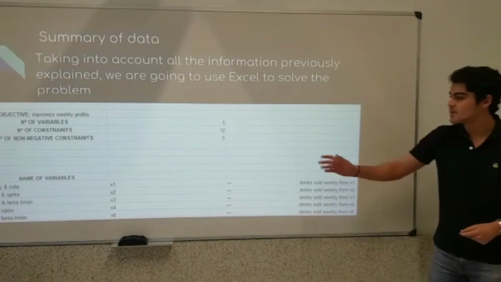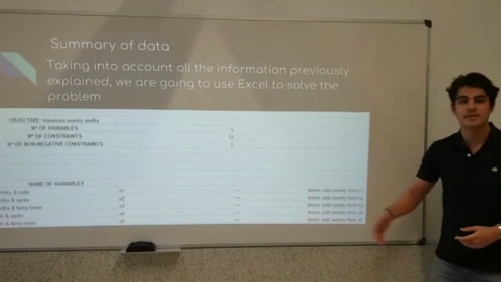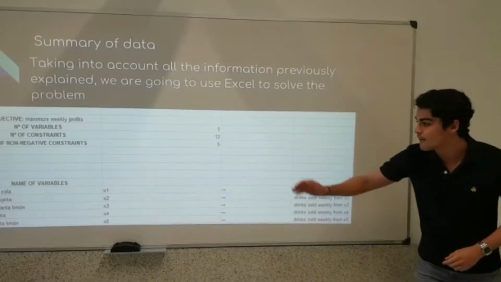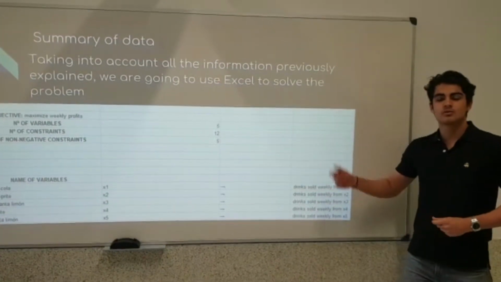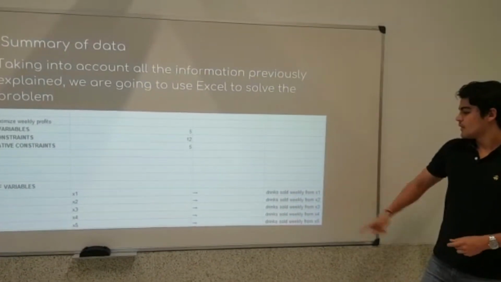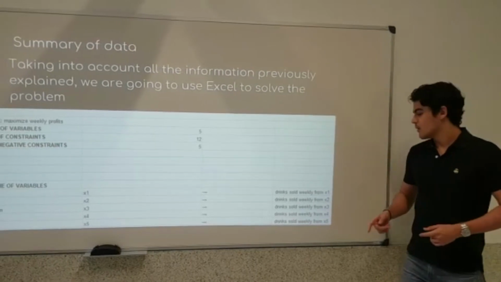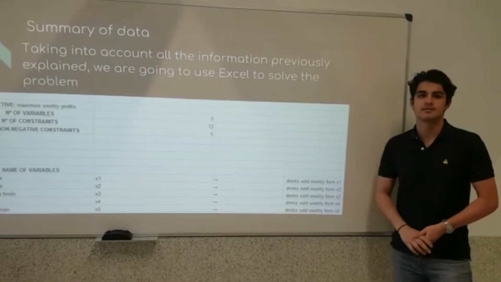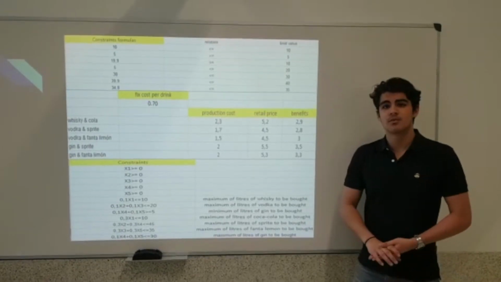We also have the names of the variables over here, which are whiskey and cola, which is called x1 in the problem, vodka and Sprite x2, and so on. But we also have over here that x1 also means the drinks sold per week, and so on and so on. This is the summary as a whole of the problem.